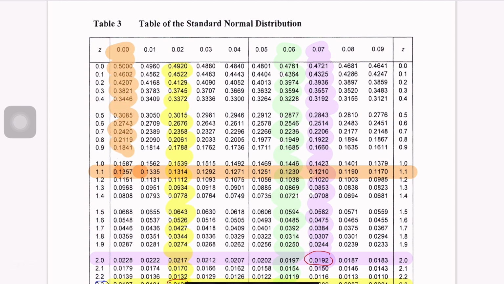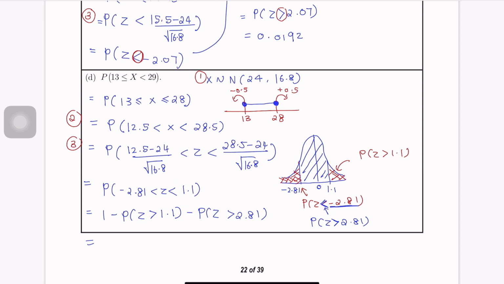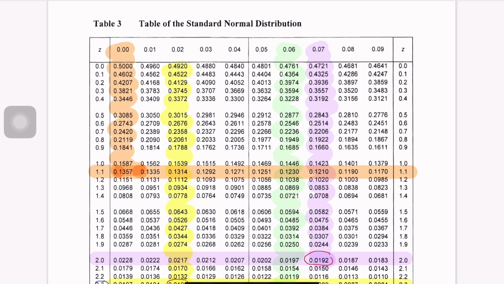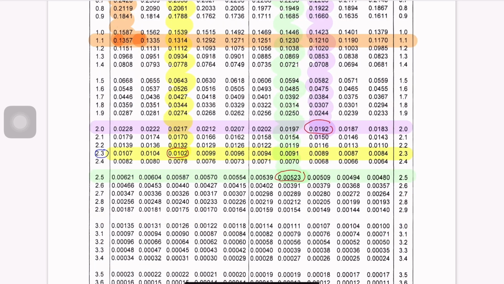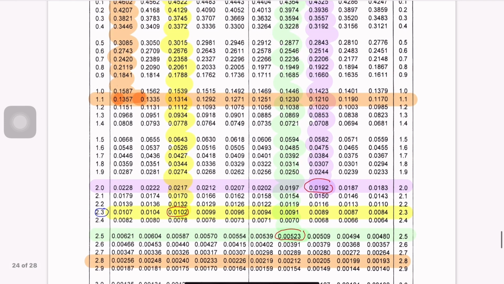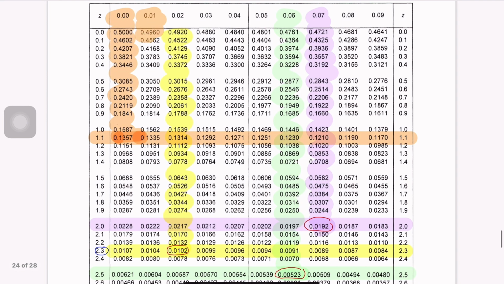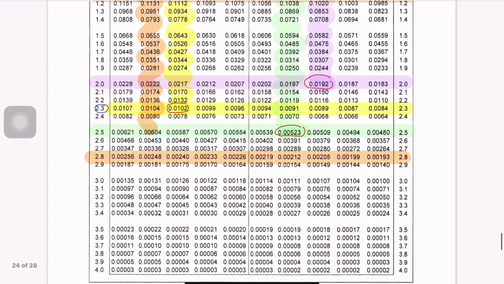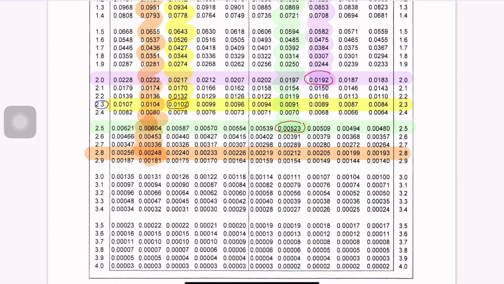What is the value? 1.1 gives 0.1357. So 1 minus 0.1357 minus probability Z greater than 2.81. Let's look at the table again for 2.81. So where is our 2.81? What is the value?